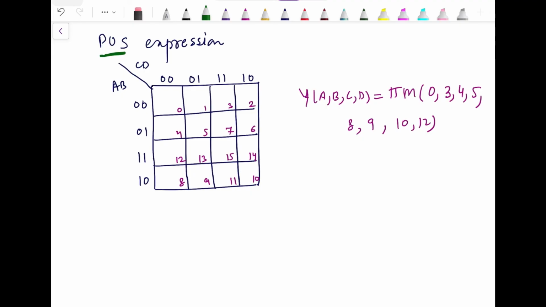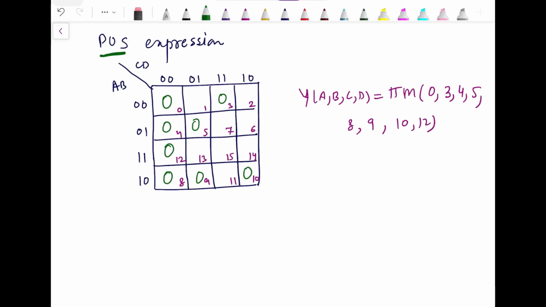Product of sums means corresponding to the terms given in the expression, the Boolean function value is actually 0. So we have to write 0 here, then 3, 4, 5, 8, 9, 10, 12.